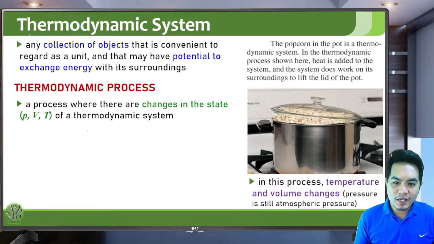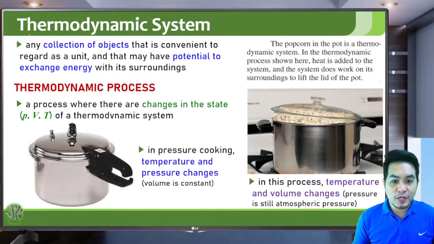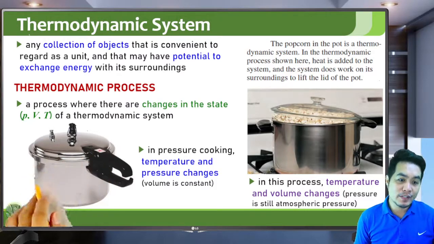In this process, both the temperature and the volume change, but the pressure is still atmospheric pressure. In contrast to pressure cooking, if you have a pressure cooker, it's actually a closed thermodynamic system. In this process called pressure cooking, the temperature and the pressure change, and the volume is fixed or constant.